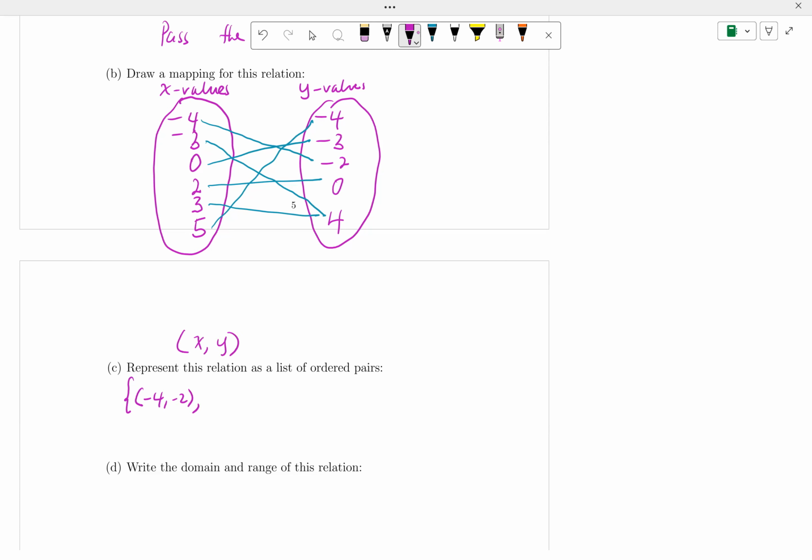The next one is (-3, 4). Then (0, -3), (2, 0), (3, 4), and last but not least, (5, -4). And you close with a brace.